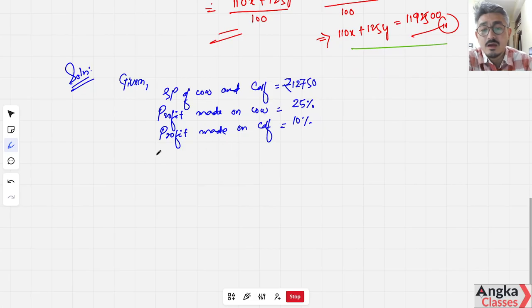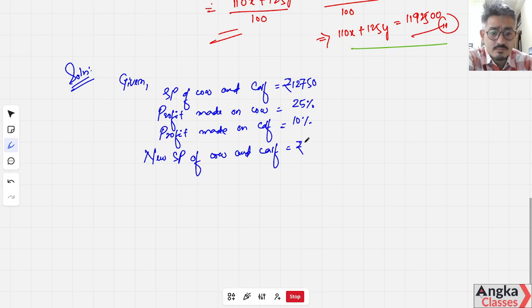Then the new selling price of cow and calf is rupees 11925.